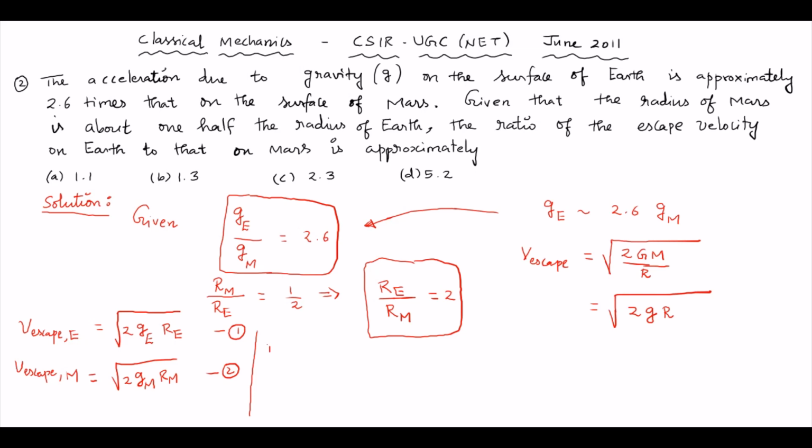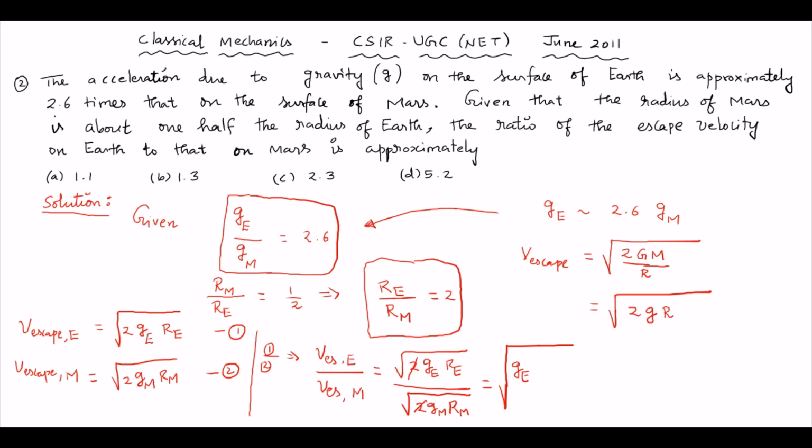Equation 1 divided by 2 gives V escape for Earth divided by V escape on Mars, which is equal to the square root of 2 g_E R_E by the square root of 2 g_M R_M. The 2 gets cancelled, so we can write this as the square root of g_E by g_M into R_E by R_M.